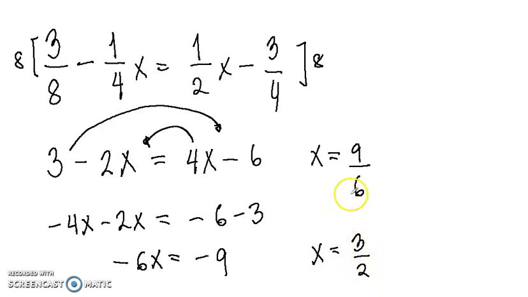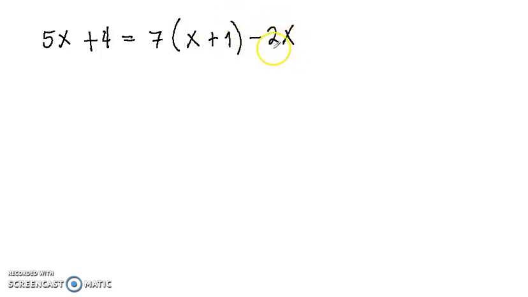Okay, another example. Let's say we have 5x plus 4 equal to 7 times x plus 1 minus 2x.